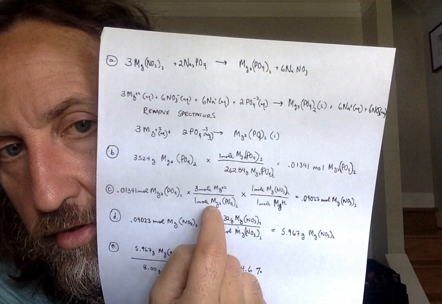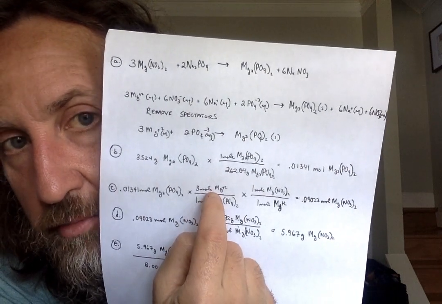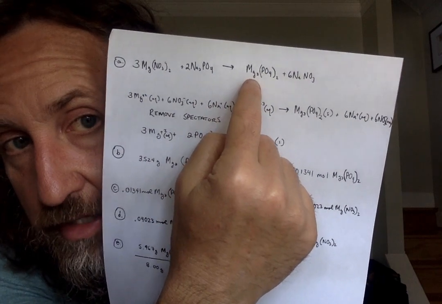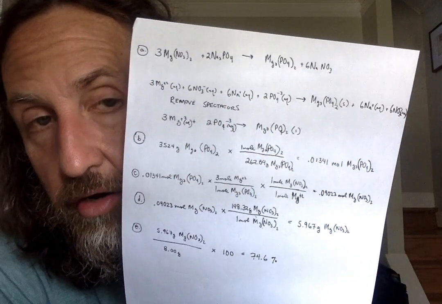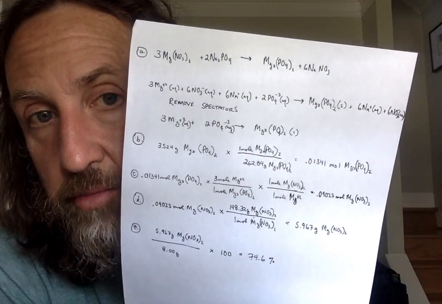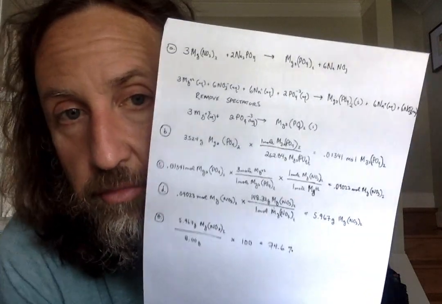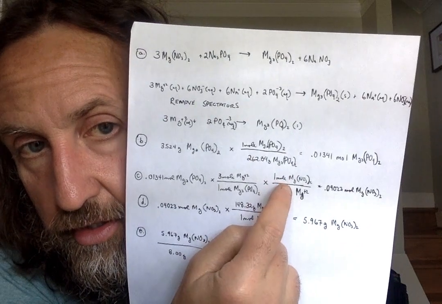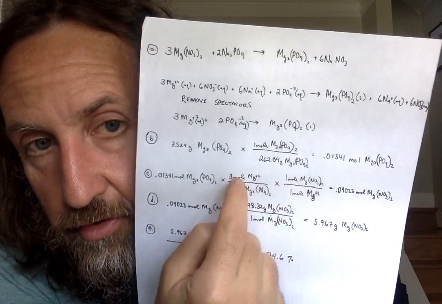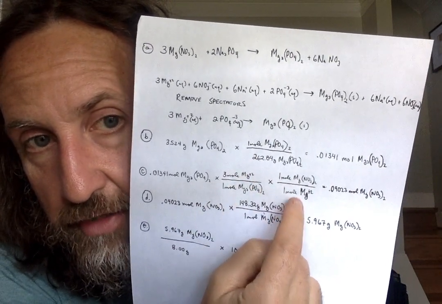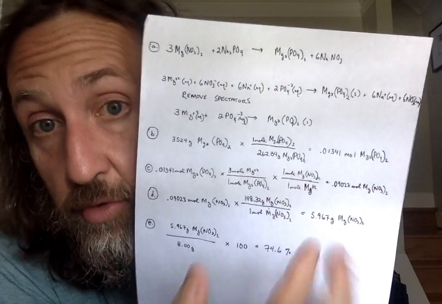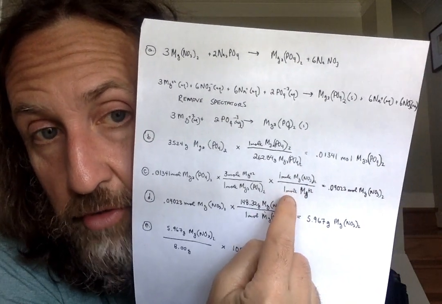The reason why I picked magnesium and not phosphate is that magnesium is going to be in that magnesium nitrate that we need. So here I've switched to magnesium, and in my magnesium nitrate, which is my final, what I'm really looking for, there's only 1 mole of magnesium.